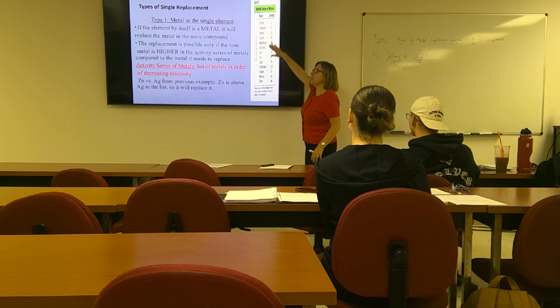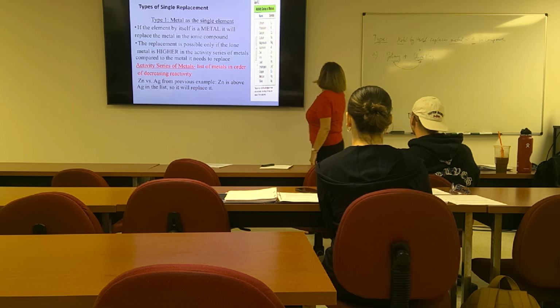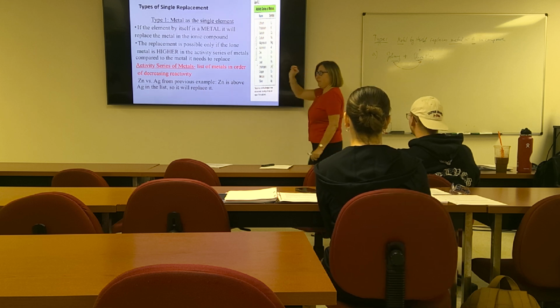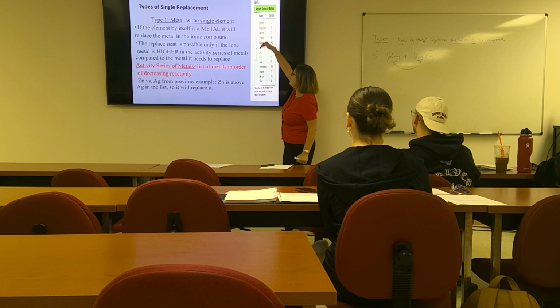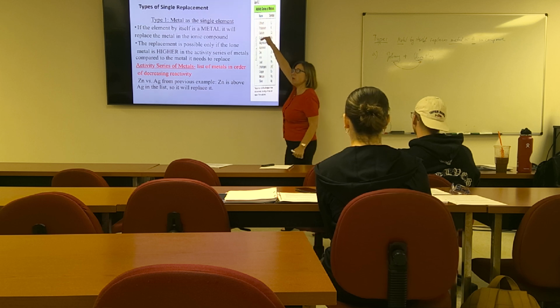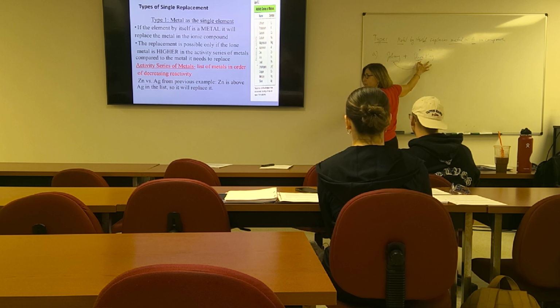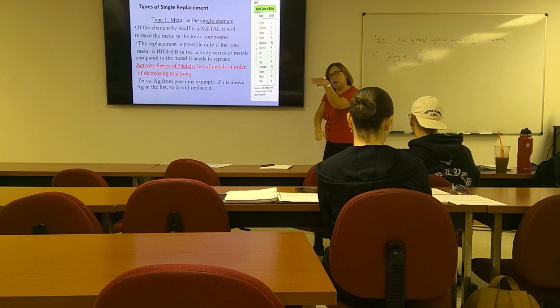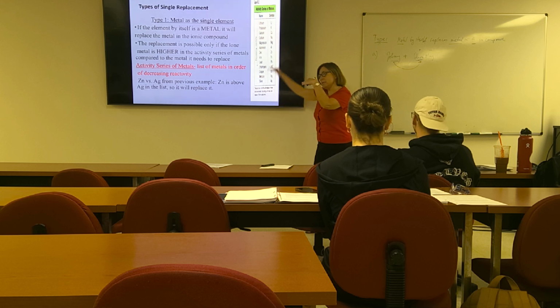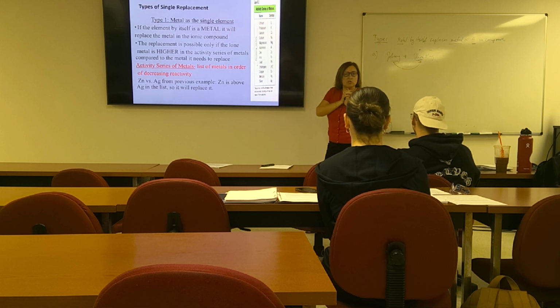We're going to look at the activity series of metals. If Johnny, the metal by itself, is above the metal that is combined with the non-metal in a compound, like Oliver in this case, then Johnny will replace Oliver. If he's underneath in this list, Oliver stays and dances with Mary and nothing happens, no reaction, okay?